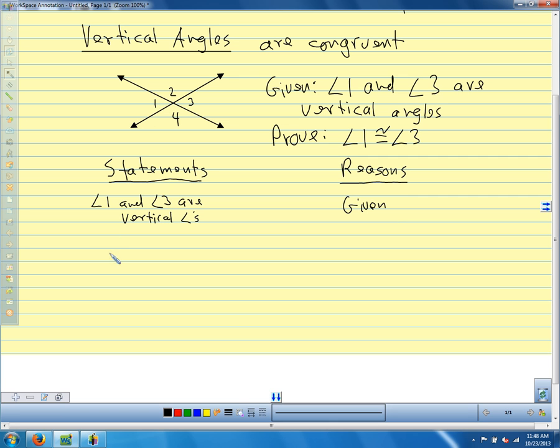And we know that we just said that the measure of angle 1 plus the measure of angle 2 equals 180 degrees, and the measure of angle 2 plus the measure of angle 3 equals 180. And for that we can say they're a linear pair or supplementary.